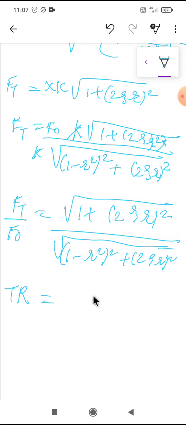So transmissibility tr is equal to under root of 1 plus 2 zeta r whole square.